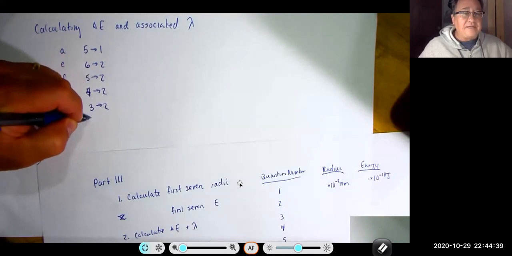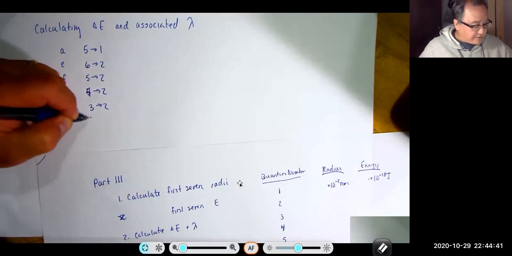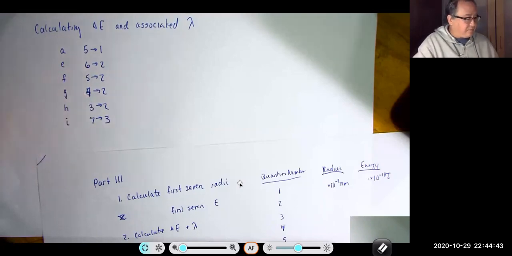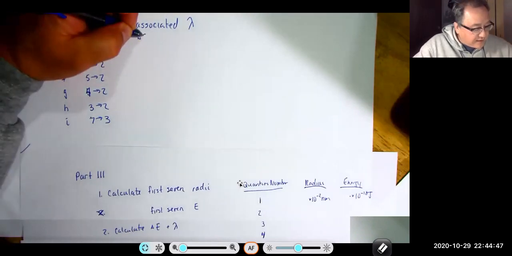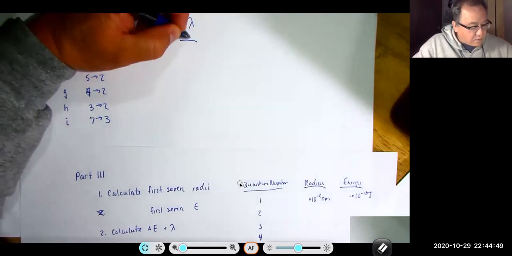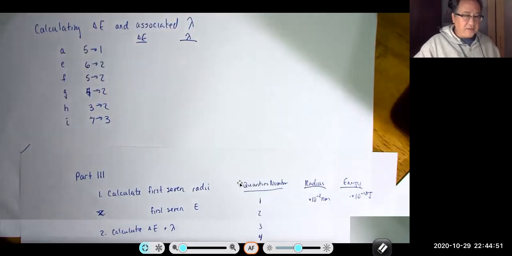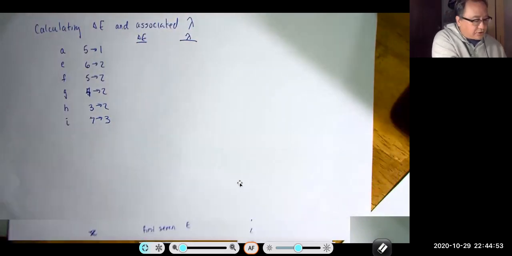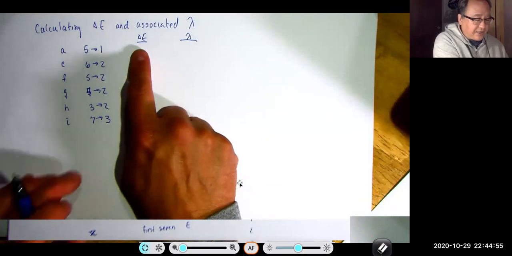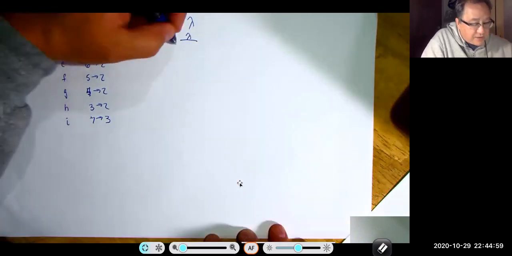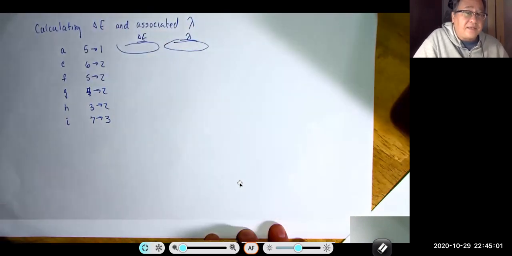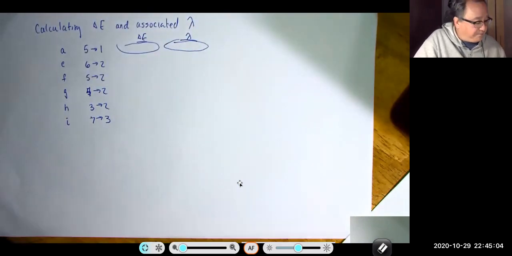And then we have for I, the 7th to the 3rd. Okay, so these are the change in energies we want to calculate, and these are the wavelengths that we want to calculate. So what I want to do is I want to show you how to calculate the change in energy, and I want to show you how to calculate the wavelength for this letter A, because we can compare it to what they have written in the document and see if we are right.